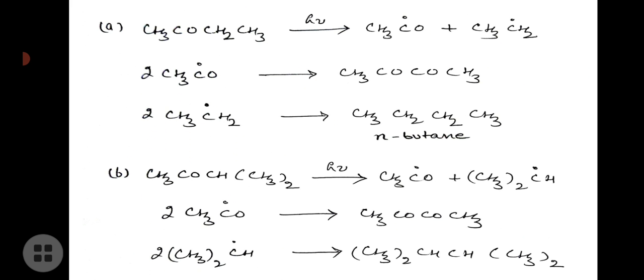In the next step, two acetyl radicals combine together and a biacetyl is formed. Also, ethyl radicals combine together and form an alkane, and since two ethyl radicals are combining, butane is formed.